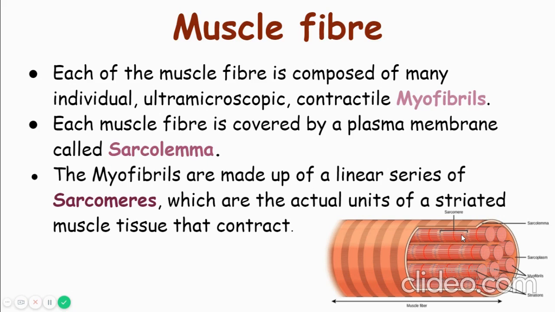Okay, skeletal muscle, then muscle fiber, then myofibrils, and then sarcomeres. Sarcomeres are the actual units of striated muscle tissue that contract. These are the actual contractile units of skeletal muscle tissue.